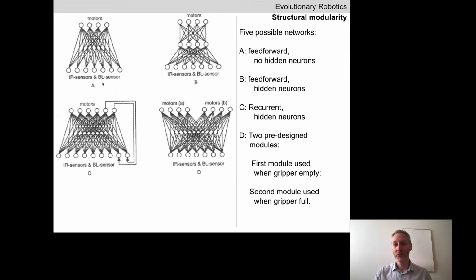But if we evolve robots with network A and then we evolve robots with network B, and the evolved B robots consistently do better at the task than the evolved A robots, that will provide us with proof that whatever the robots are doing, they need to perform a nonlinear transformation of their sensor values into motor values.